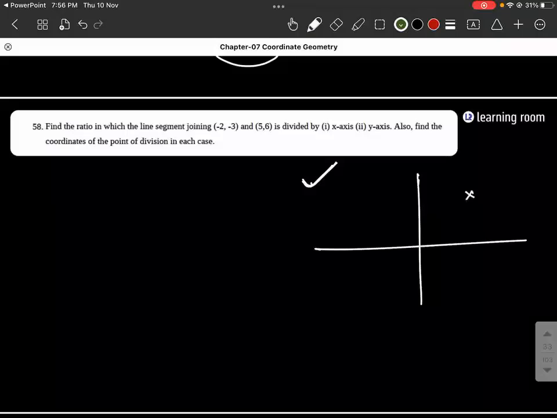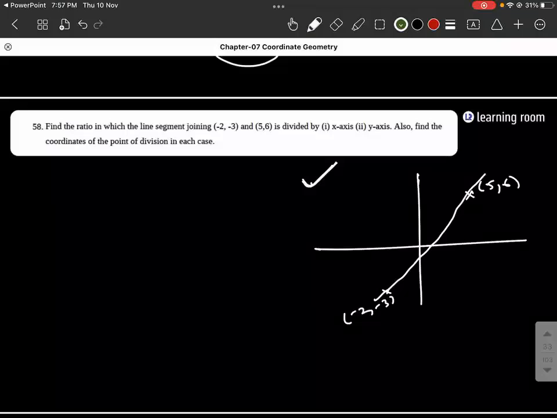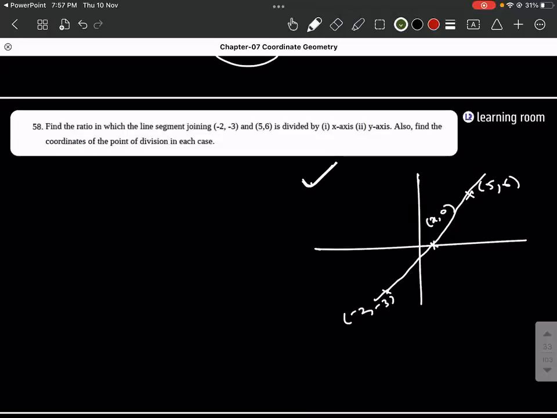If you look at the points, (5, 6) is here, (-2, -3) is here. If you take a point here as (x, 0), what would be the ratio?